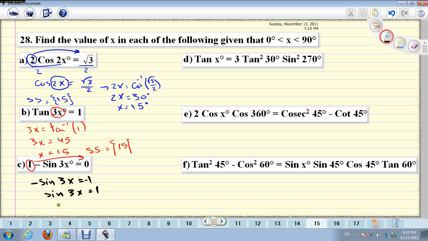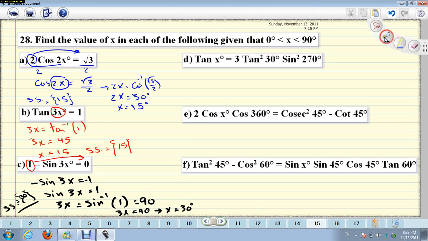And use the calculator to get 3x. To get any angle, you use the calculator. Sine to the power -1 of 1, which is 90. So 3x equals 90, which means that x equals 30 degrees, and the solution set will be 30.